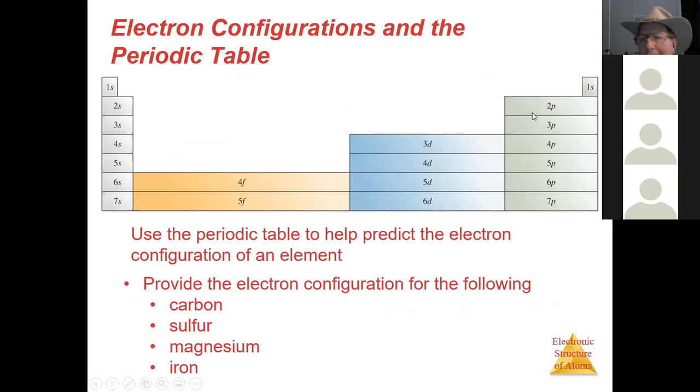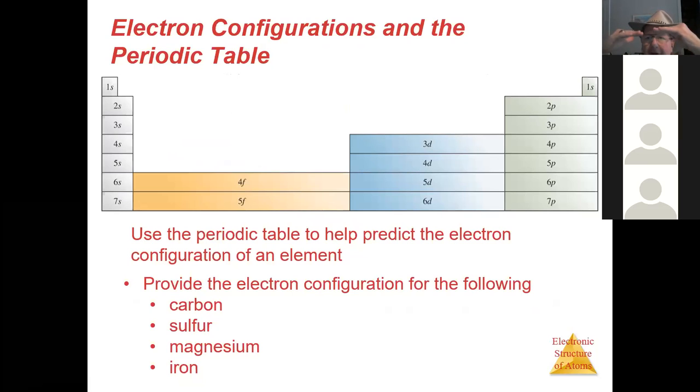Then we come into a little bit of a situation. The 4s electrons fill before the 3d. Now, the 4s orbital and the 3d orbital are very, very close in energy to one another.